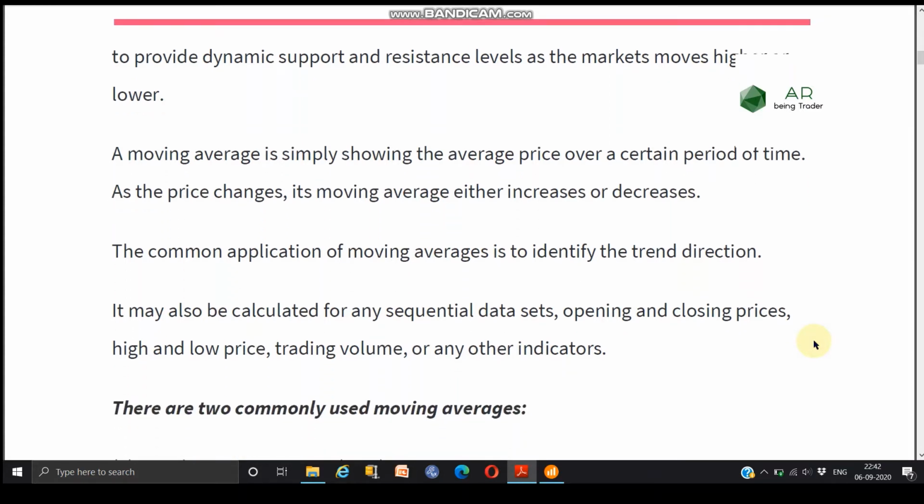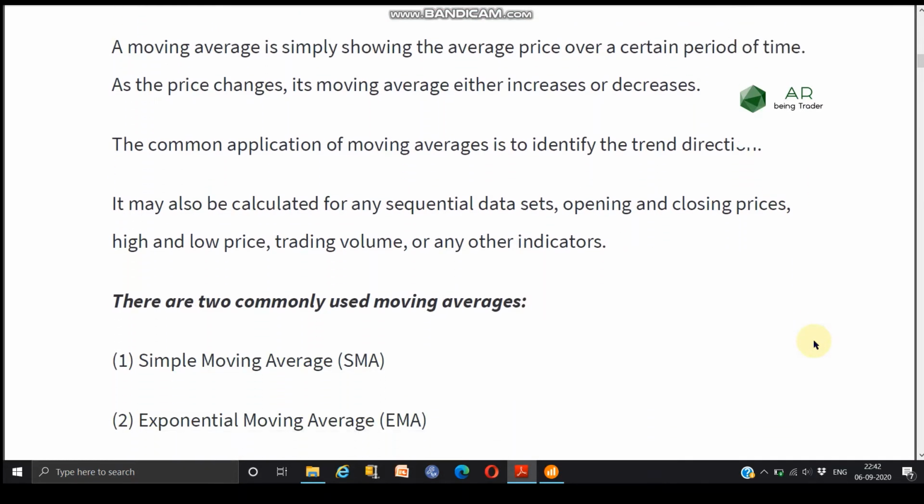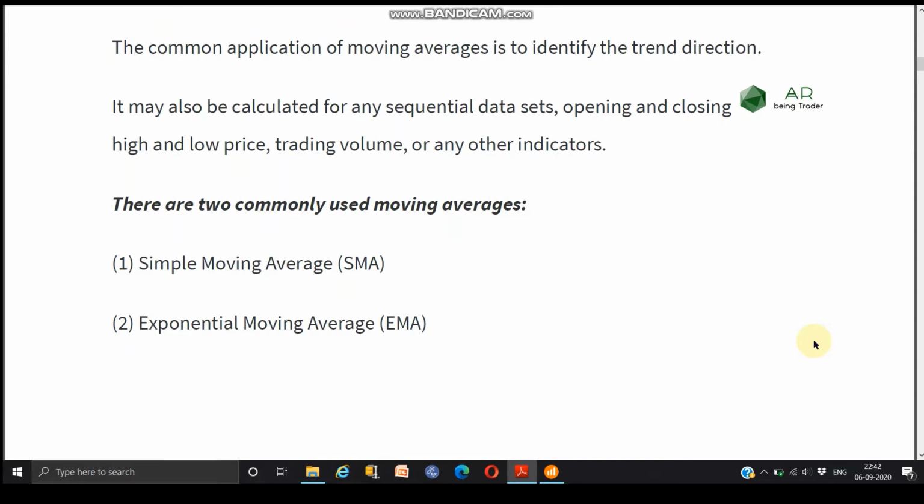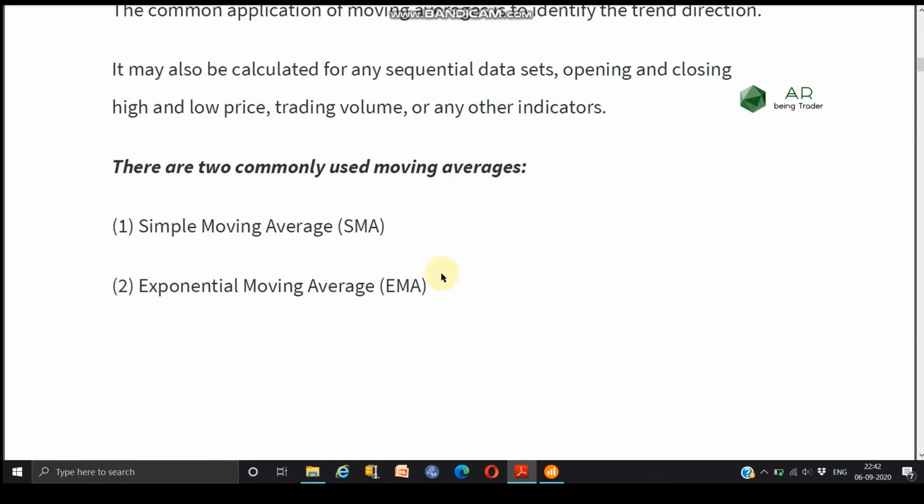Now, there are two commonly used moving averages. As I already told, there are some types, EMA and SMA, which we discussed when I was plotting the moving average in IQ Option.